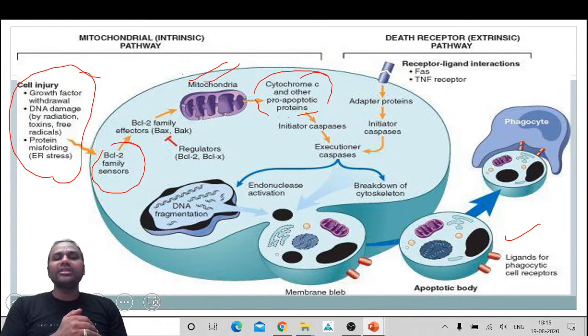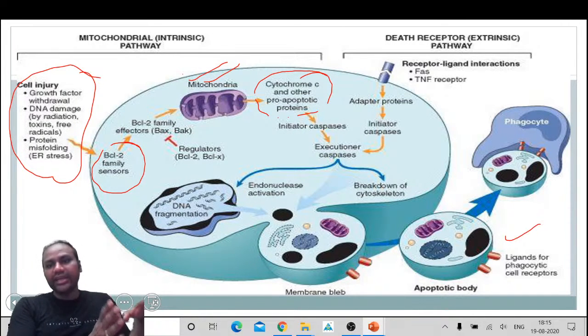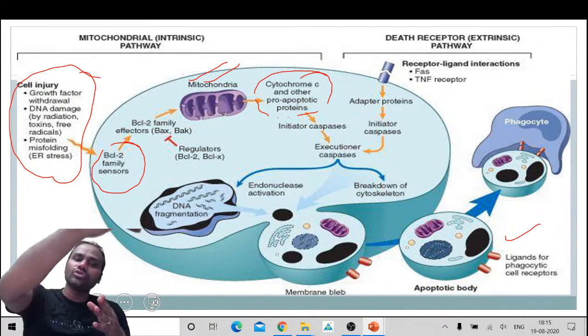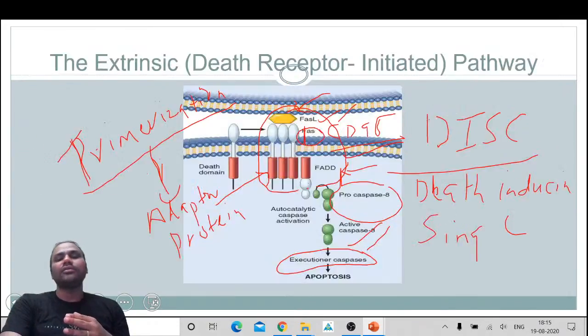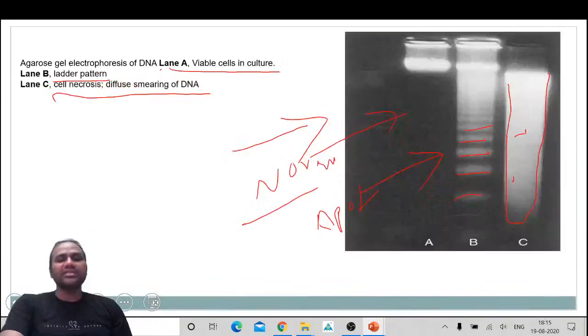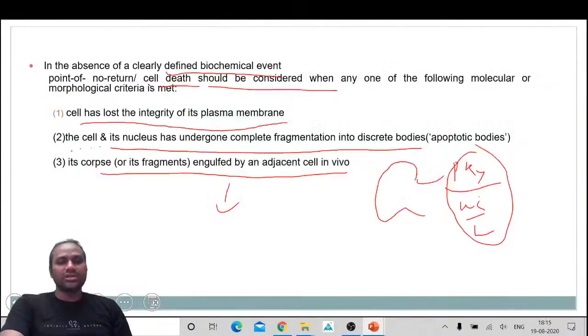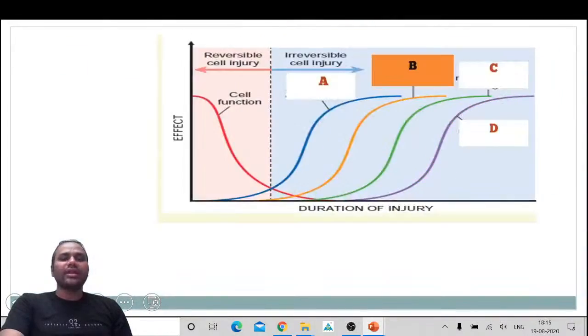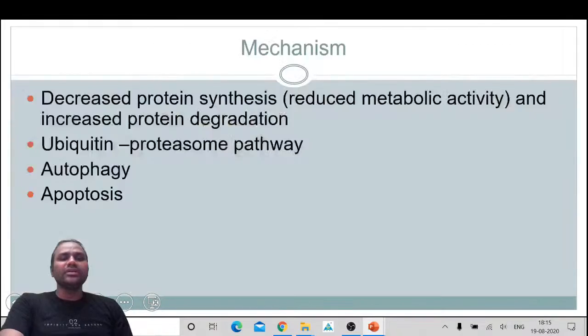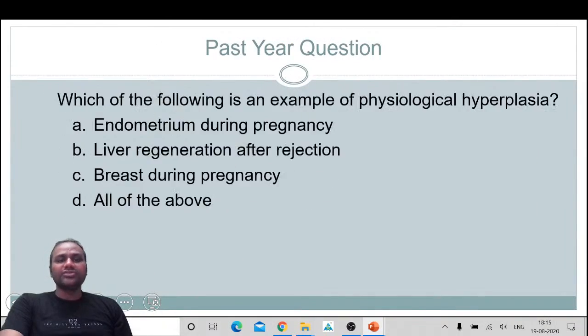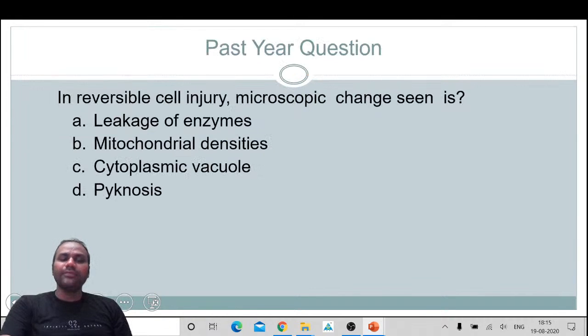Read all these things again, and then try to solve the questions given in our first slides. I hope you are clear about all of these things, and this will help you.